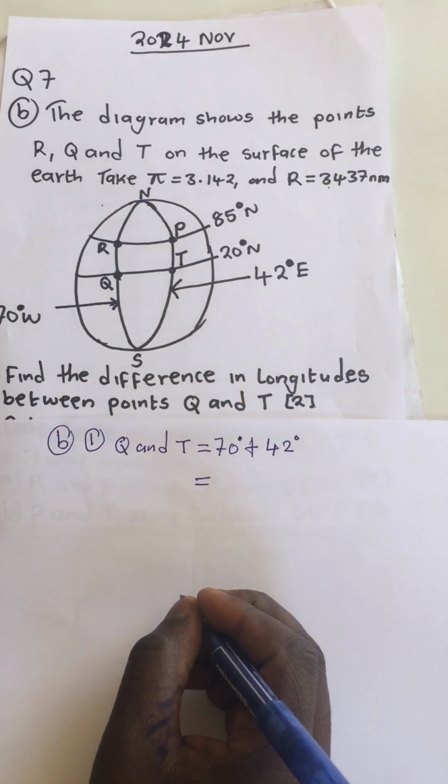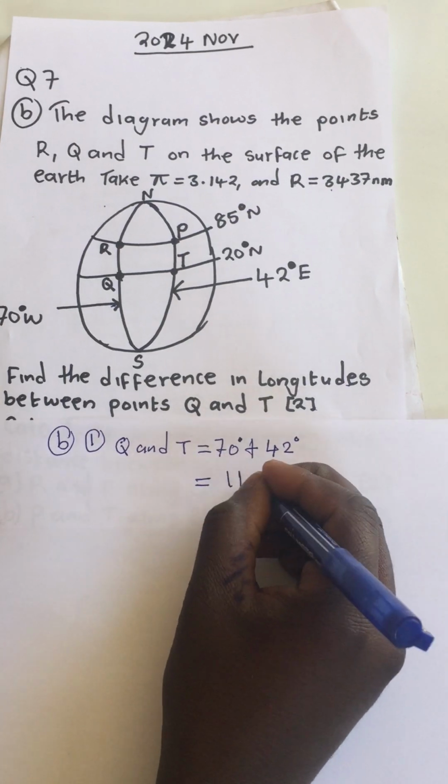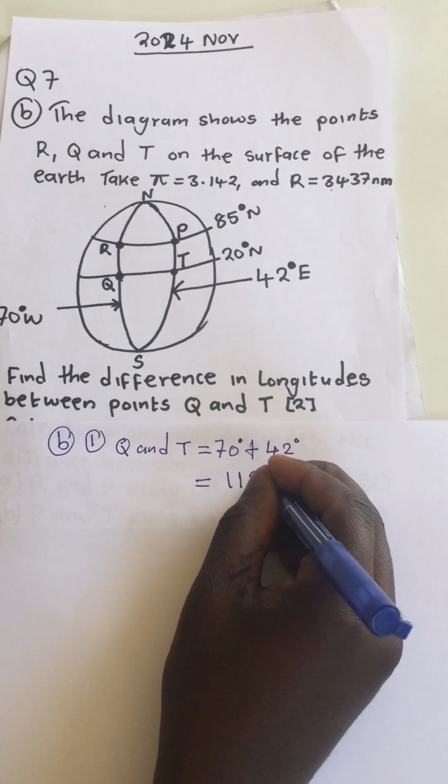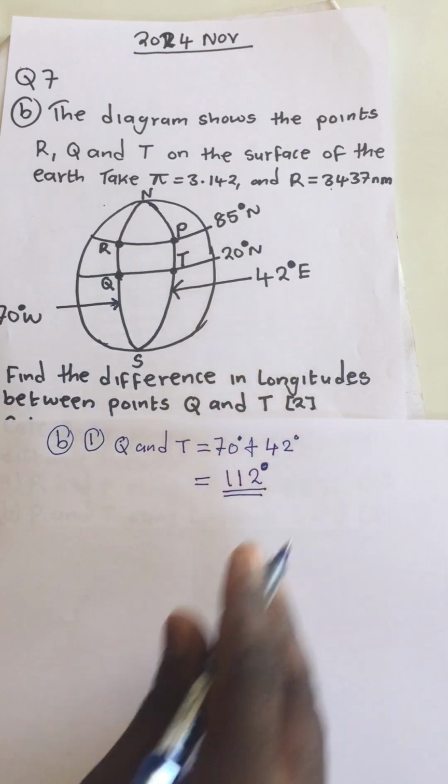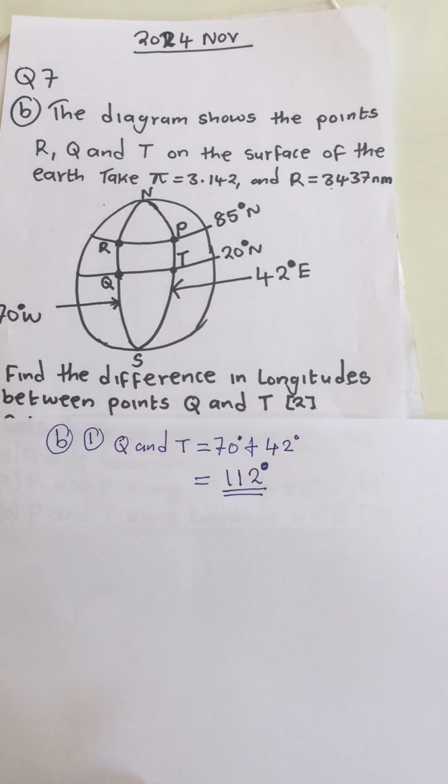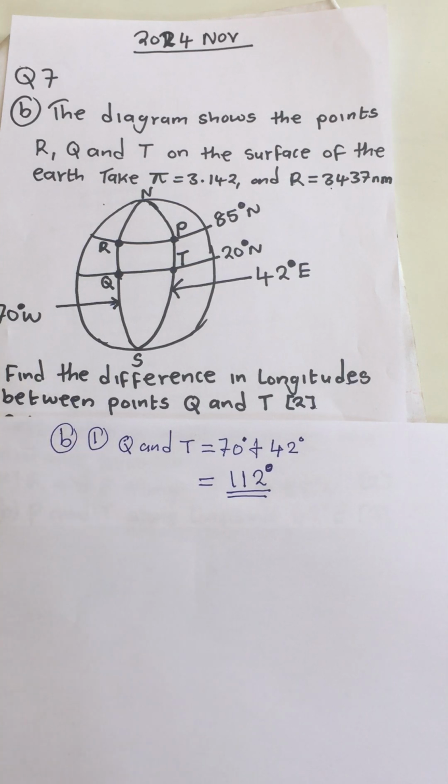What is 70 plus 42? You get 112 degrees. So just by doing this, you get 2 marks.